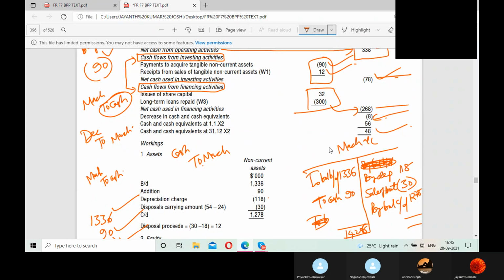Sir, this long-term loan repaid. You had 500, now your loans have become 200. You repaid 300. Acha, acha. Yes, sir. Got it.